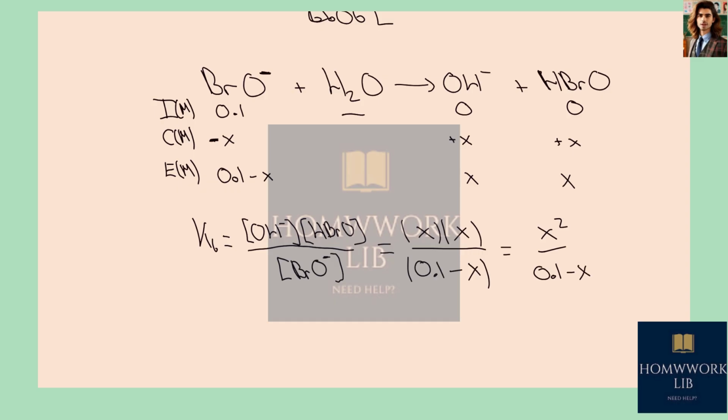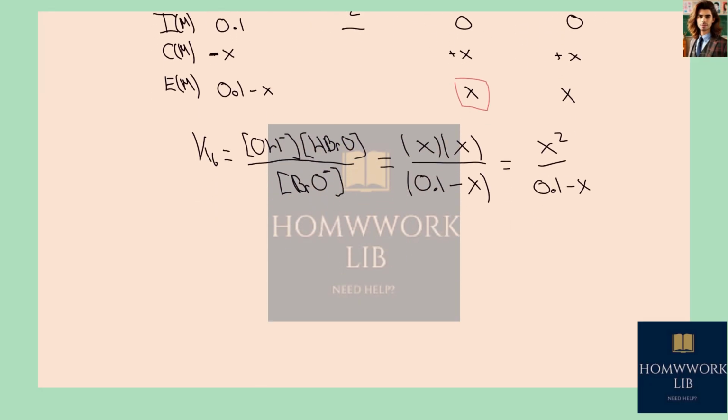So now, if we know the value for Kb, we could solve the quadratic expression to know the value for X. And that value for X is going to tell us the concentration of OH minus. We can also do an approximation, but first of all, let's calculate Kb. Remember that Ka times Kb needs to be equal to Kw, right? So Kb is Kw divided by Ka.